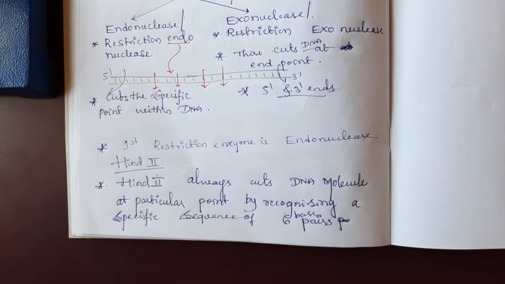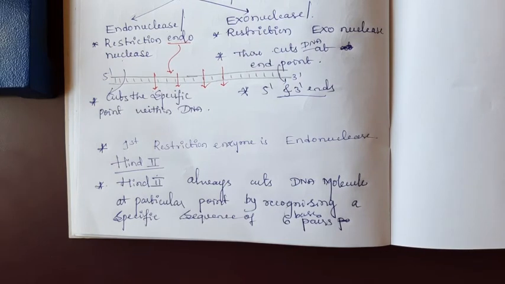You already know that at the ends of the DNA we have two polarities, 5' end and 3' end. Always we read the DNA from 5' end to 3' end. DNA is a double helical structure which has opposite polarities.